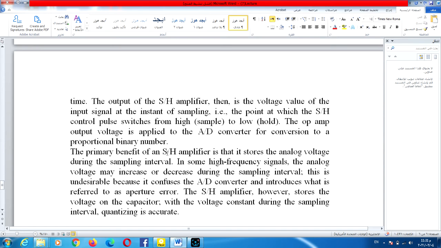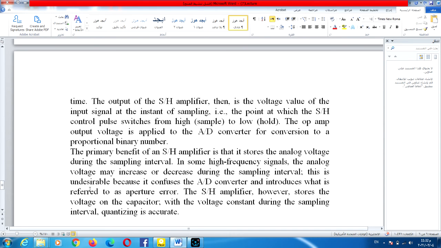The primary benefit of the SH amplifier is that it stores the analog voltage during the sampling interval. In some high frequency signals the analog voltage may increase or decrease during the sampling interval.